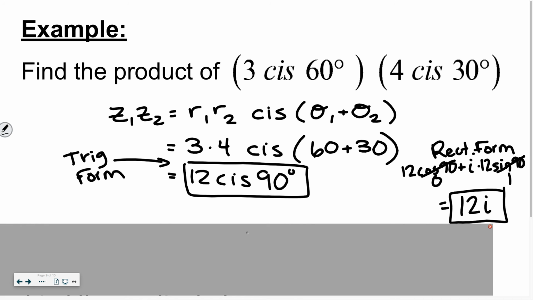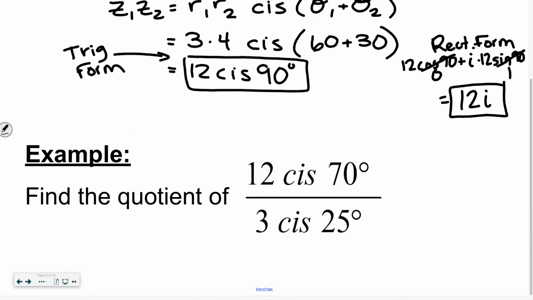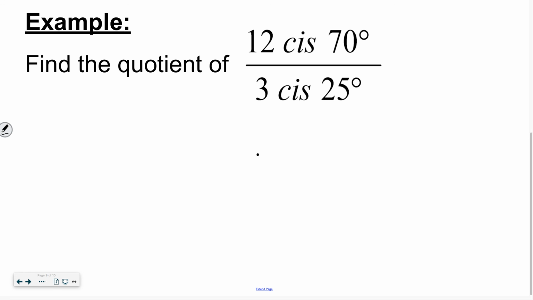And you might see a division problem. Division problem shouldn't be too terrible. Let me see what I got up here. Yeah, this one. Find the quotient. I'll just divide the modulus, subtract my angles. So that'll be 4 cis 45, and this would be its trig form.